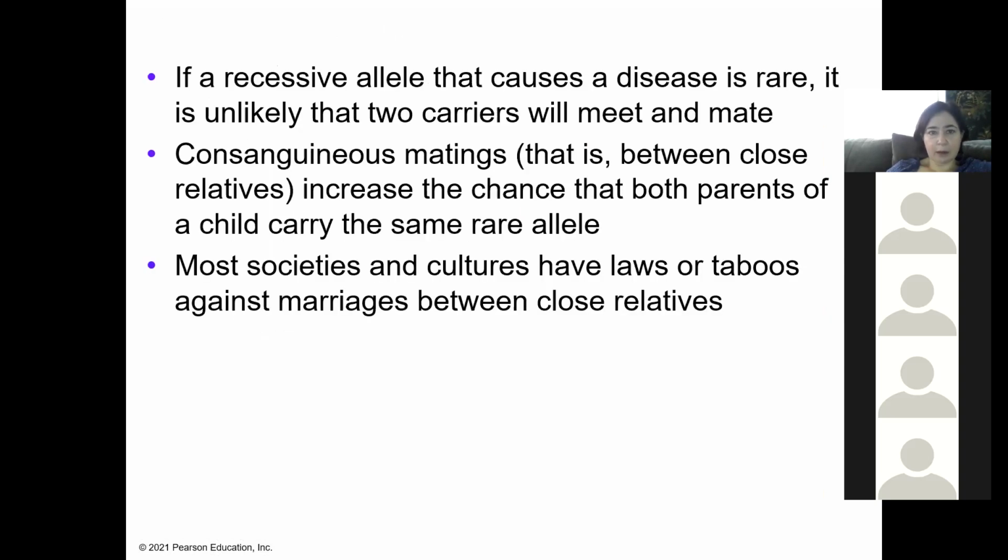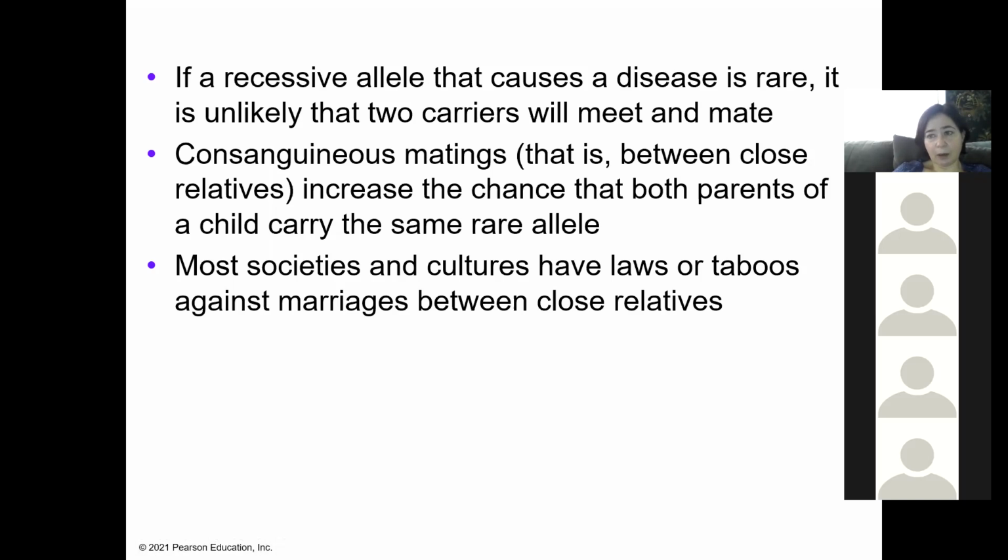Again, albinism has quite a range. The problem is usually consanguineous mating, I didn't even know this word, which is mating between relatives like cousins.